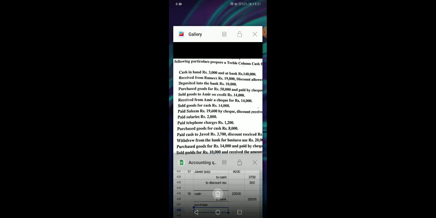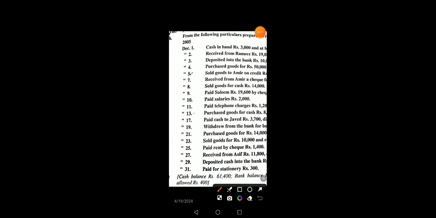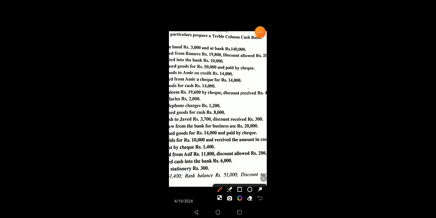And from whom have you bought these commodities? Purchased goods for... Entry number was 21. First thing first, the entry number was 21, and we have purchased these goods and paid by cheque.